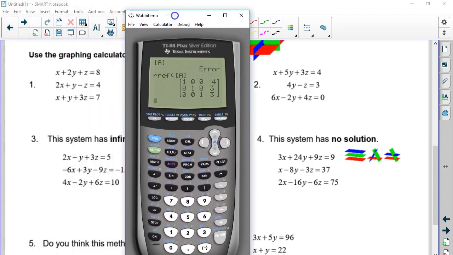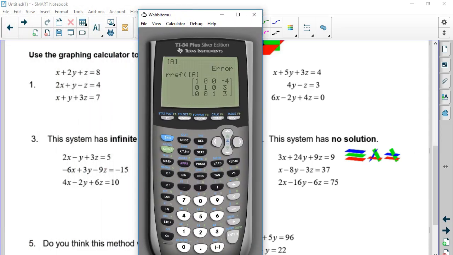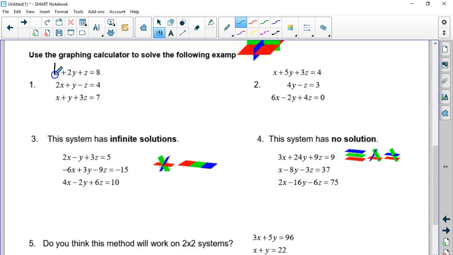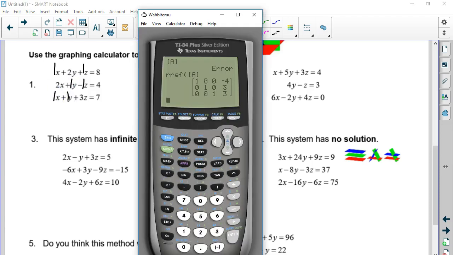I don't know why this is not moving. Here we go. Okay. So, don't forget that these are always ones. Negative 1, positive 1. You might want to draw those in if you have trouble remembering that. So, we're going to go into matrix. We're going to edit.